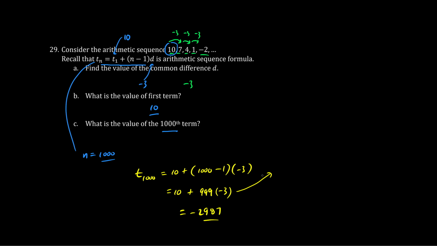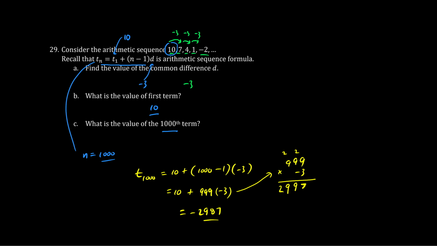So this here, for the sake of practice, if you have no calculator, would be 999 times -3. 9 times 3 is 27. So we write a 7 here, and we put a little 2 here. 9 times 3 is 27, but you add 2 more, so it's a 9, and you carry the 2. 9 times 3 is 27, but you add 2, so you have a 9.